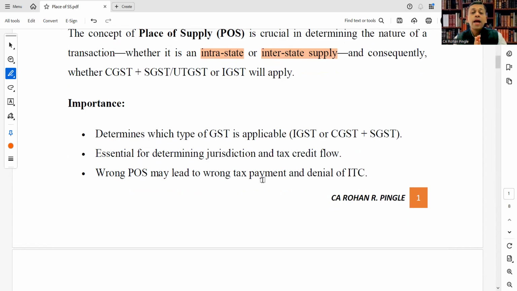Wrong place of supply may lead to wrong tax payment and denial of ITC. This is very, very much important. Wrong place of supply will lead to wrong tax payment and consequently denial of ITC.